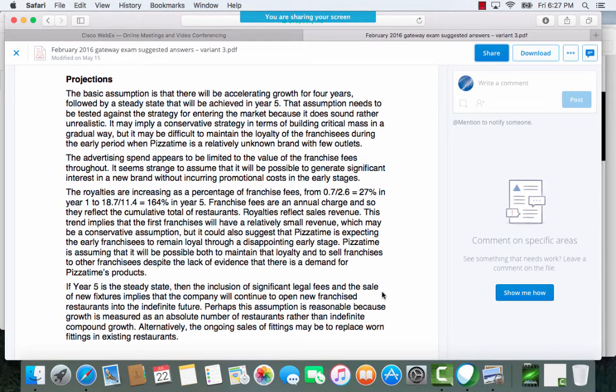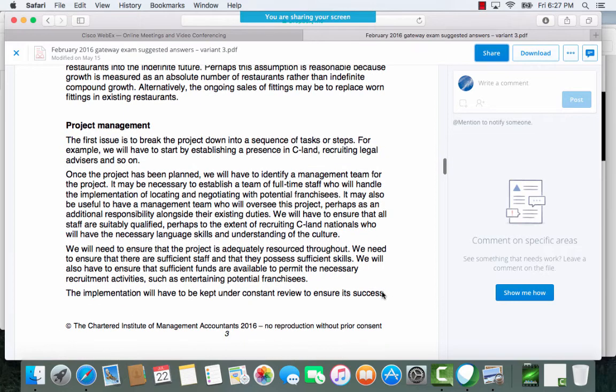Then they're asking about the project management itself. If you're going into a different country and starting a different project, you need to consult legal. That is a key thing. Who are the other people that you'll bring into the project is also important.